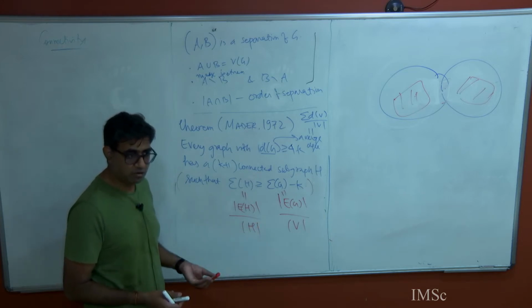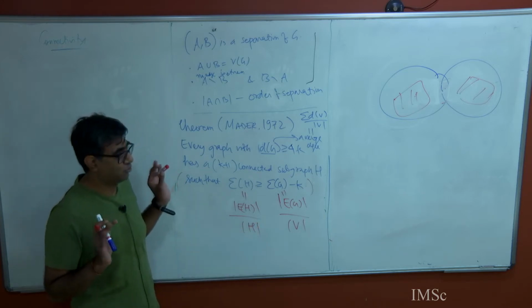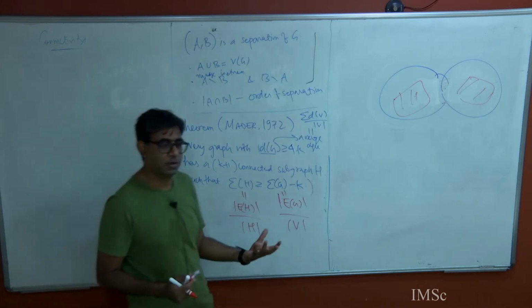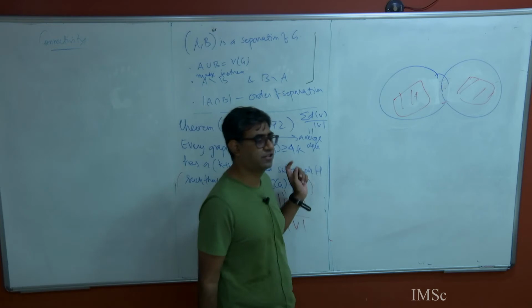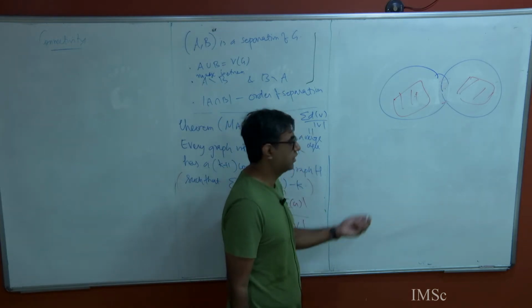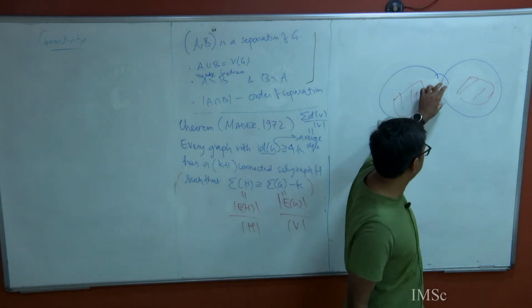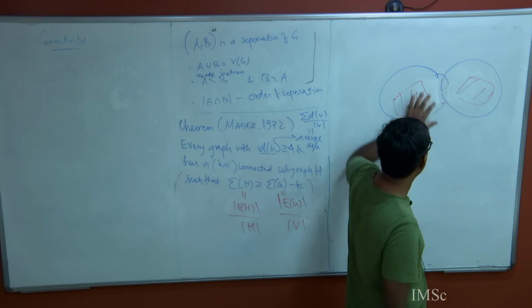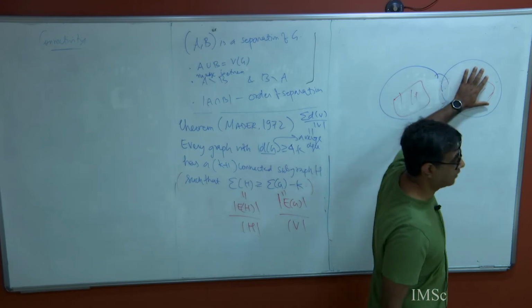This is exactly what the algorithm should do. I may not know, that's the basic difference between algorithm and structure, right? So what should your strategy be? I first check whether my graph G itself satisfies this property or not. If it does not, then there's a witness that there is a small separator. Then I'm guaranteed that the H which I'm looking for is contained either here or here.